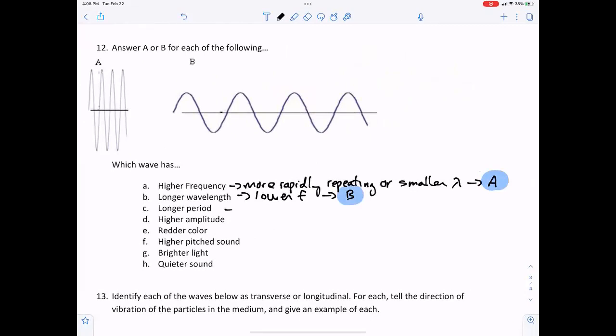Which one has the longer period? The longer period, remember guys, period is the inverse of frequency, right? So longer period is the one with the lower frequency. Okay, the one with the lower frequency, which would again be B. Okay, higher amplitude, that's going to be the taller wave.